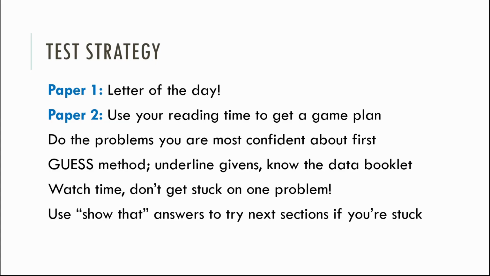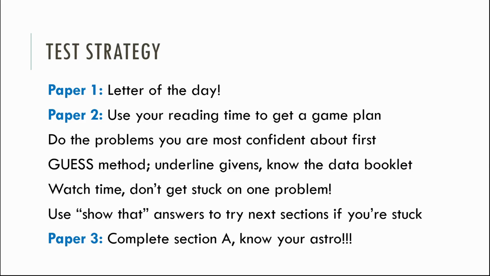So if you're stuck on part A, but you need a value for part B, use the "show that" answer to jump around. This is just another part of the same strategy, which is work in an order where you can maximize the amount of points you get and get to the most stuff. So use all those little tricks.